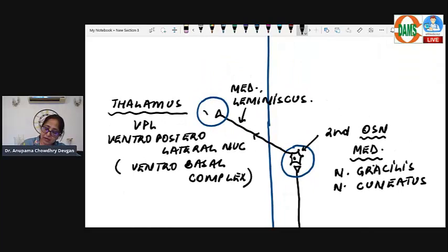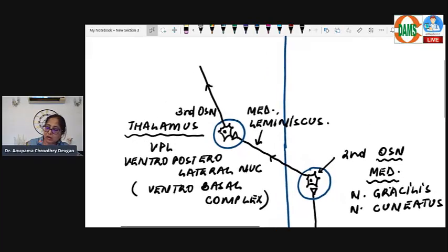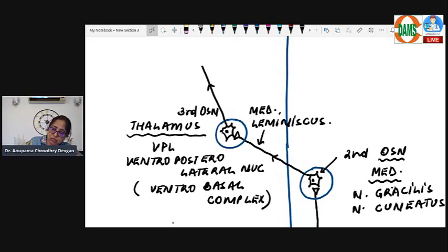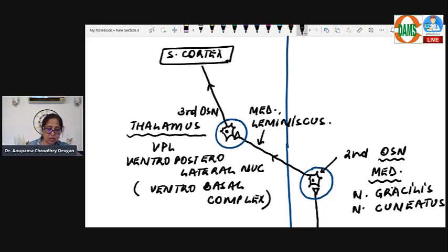And from here arises the third order sensory neuron, right? This is the third order sensory neuron, which now goes into the sensory cortex. This is the path of the posterior column.